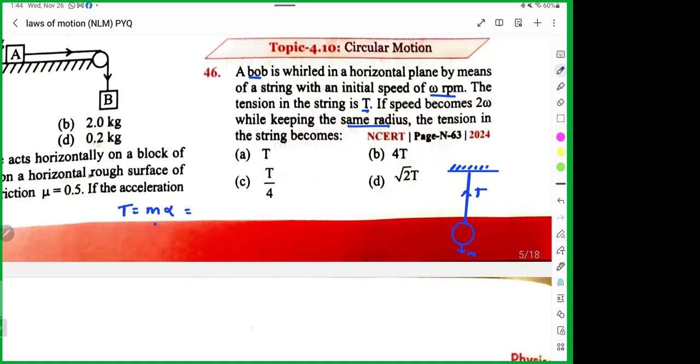So how do you calculate mass into acceleration in this case? Acceleration value is r alpha, and acceleration is also equal to v square by r.